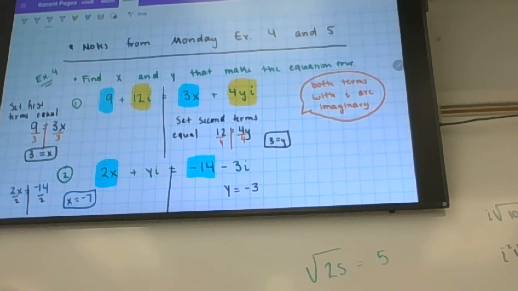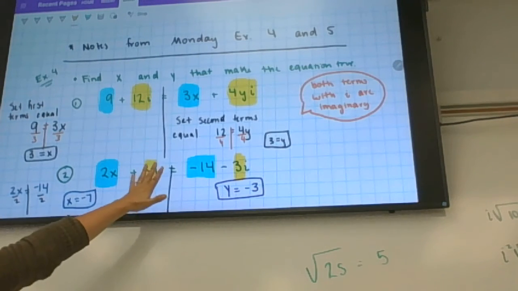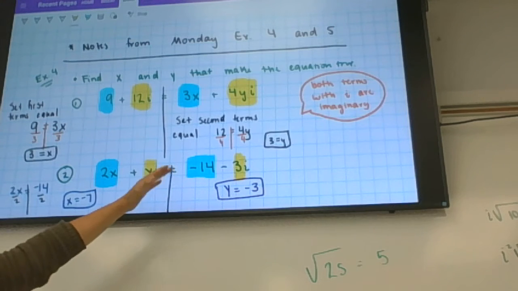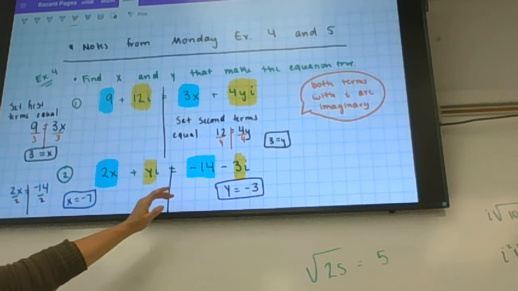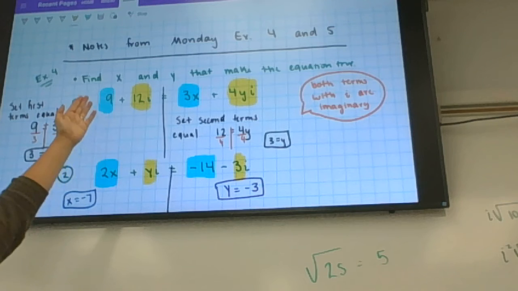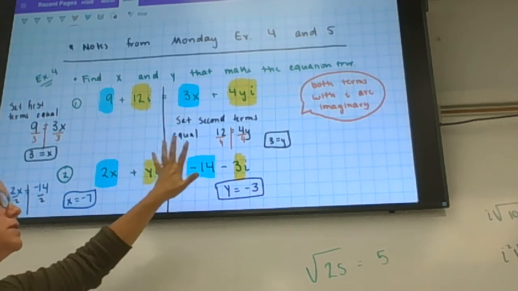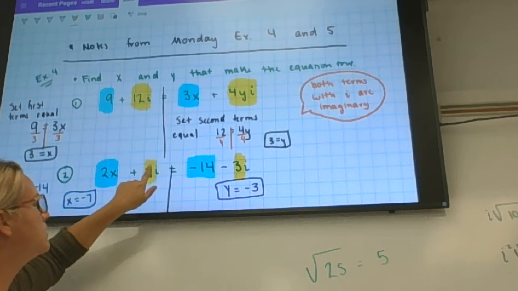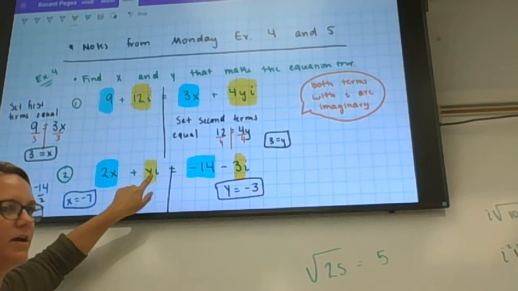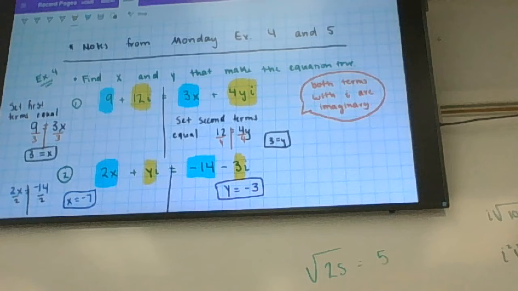Oh, y is -3. Yeah, because I'm not questioning what i is. I'm not solving for i. It says find x and y that make the equation true. So you're trying to figure out what would make the left side look like the right side. So we're really just wondering about the numbers in front of i. So you could just ignore it, I guess.